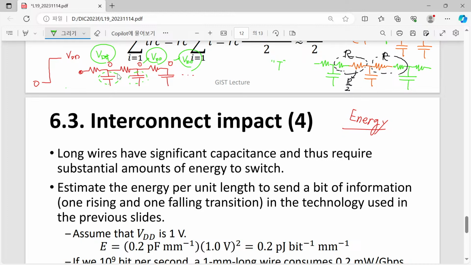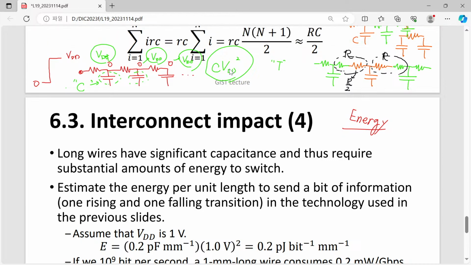So simply speaking, in order to charge this small c, you must spend energy, like the charge and discharge, something like c times the square of VDD.